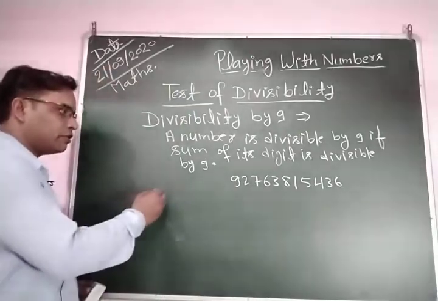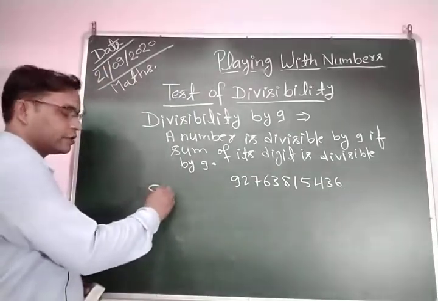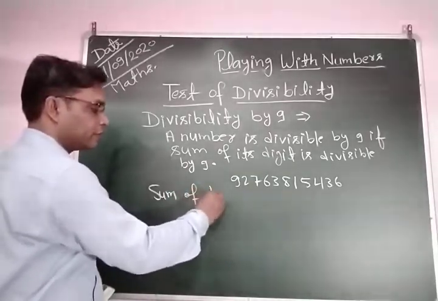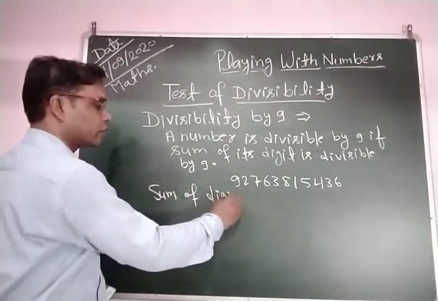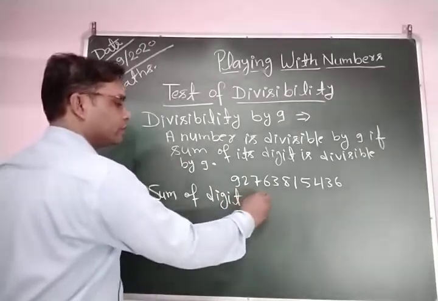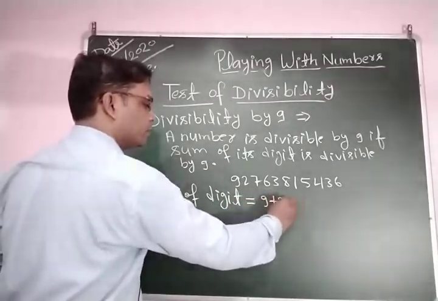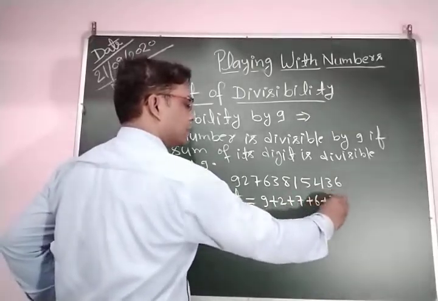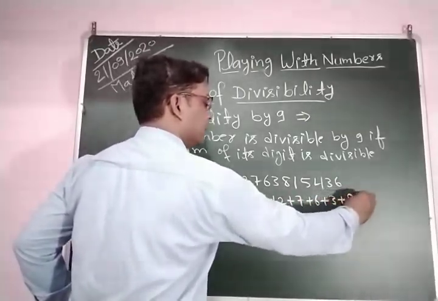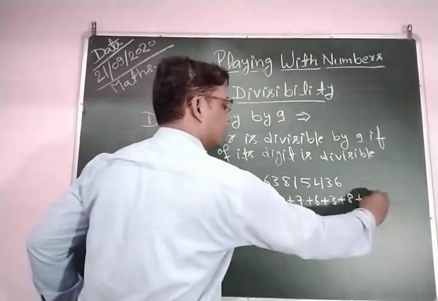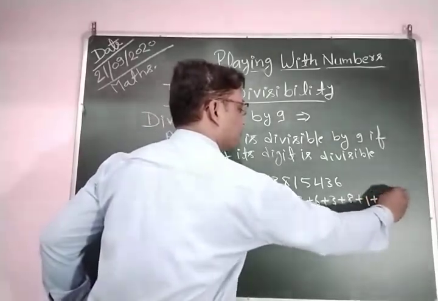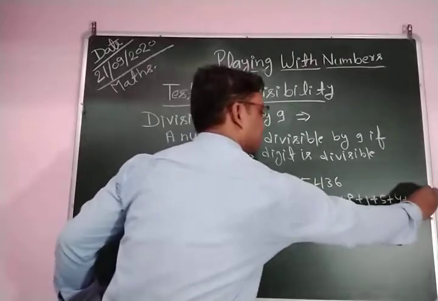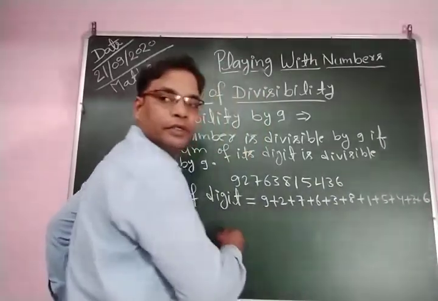Sum of digits equals 9 plus 2 plus 7 plus 6 plus 3 plus 8 plus 1 plus 5 plus 4 plus 3 plus 6. Okay, clear?